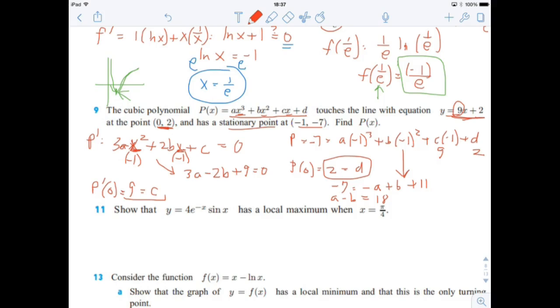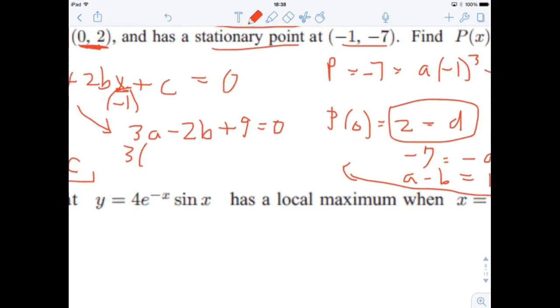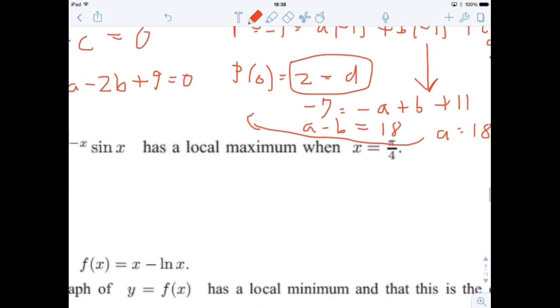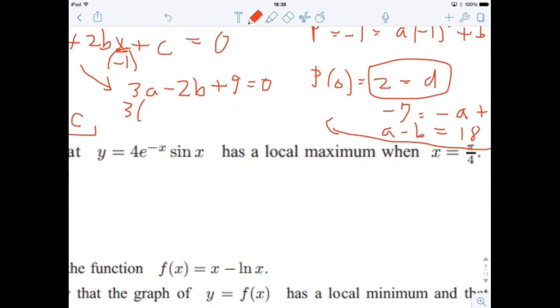A minus b equals 18, so a is equal to 18 plus b. We can put that over there: 3 times (18 plus b) minus 2b plus 9 equals 0.